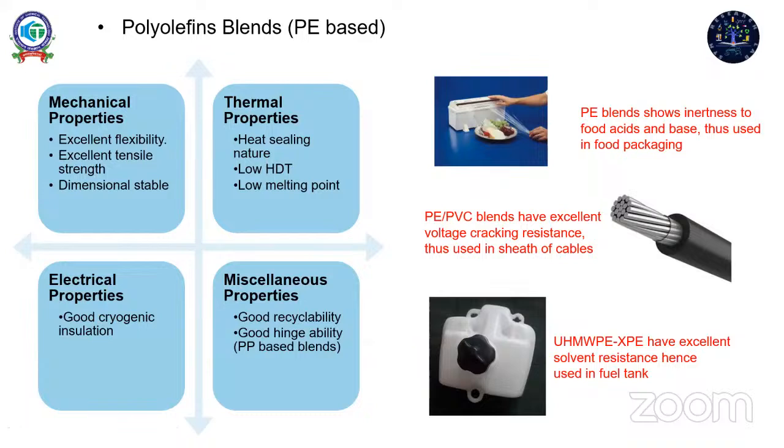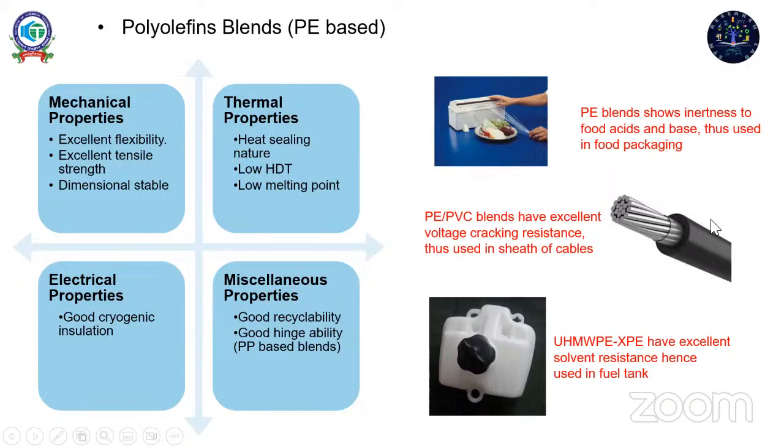Due to their inert nature, these blends can be used in food, acid and base packaging, as they have excellent stress cracking resistance, or we can say insulation properties. PE PVC blends can be used in sheathing.